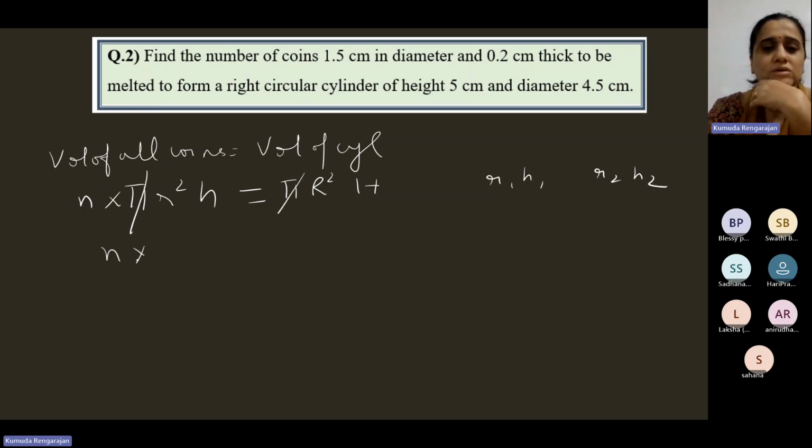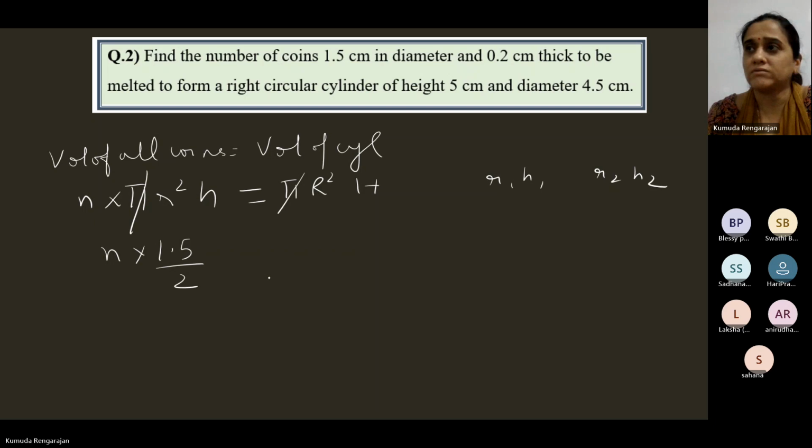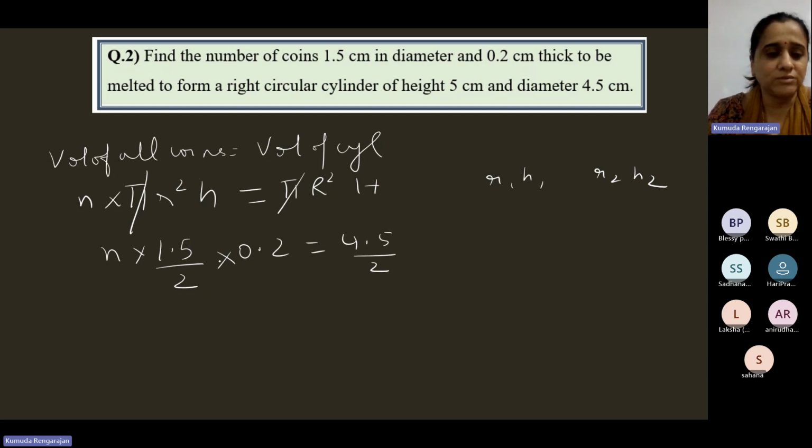So n into, what is the radius of one coin? Diameter is 1.5, so radius will be 1.5 by 2, into height. Height is the thickness, 0.2, is equal to the radius of that new cylinder, 4.5 by 2. Oh, 2 times I should write, sorry.